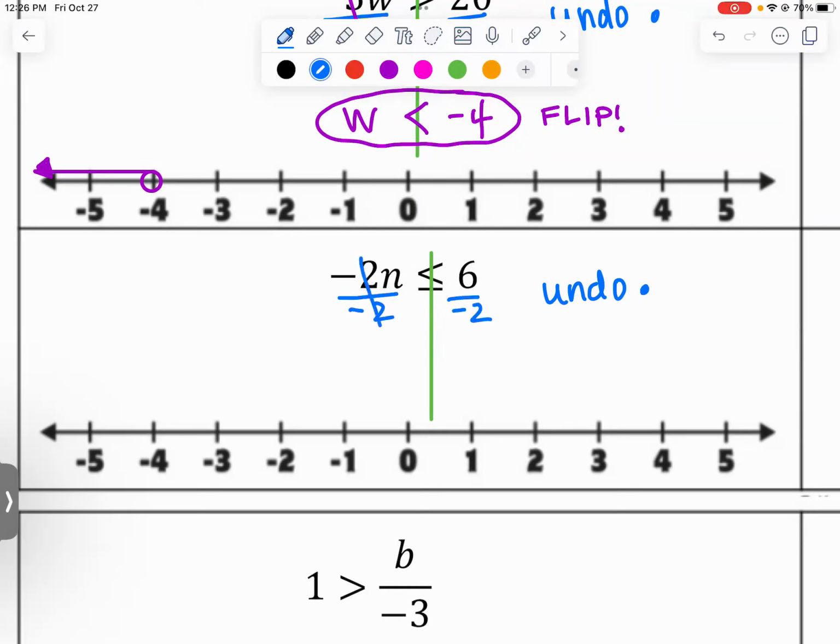We're left with an n, we're left with a -3, but we divided by a negative number, which means we have to flip our inequality sign. So n is greater than or equal to -3.